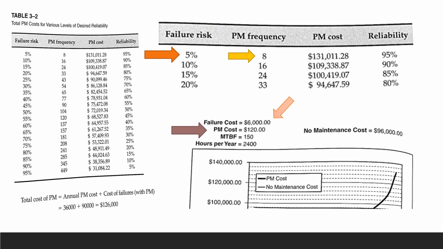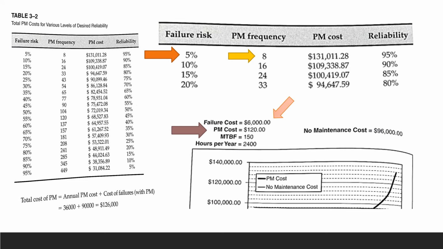So here is a table you usually get, and there is a variation in failure risk starting from 5%. Your reliability is really high here, and very low there. Failure is going up, so reliability will go down. So you want to keep your system around here.